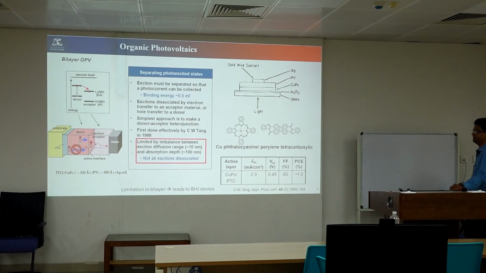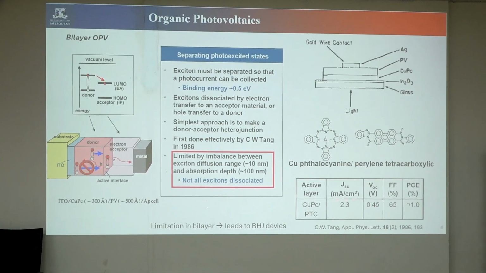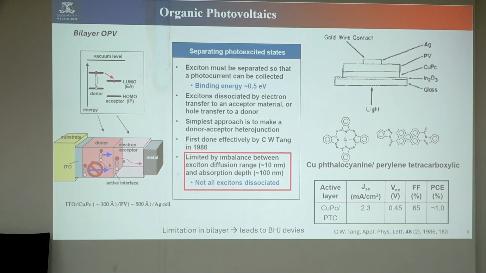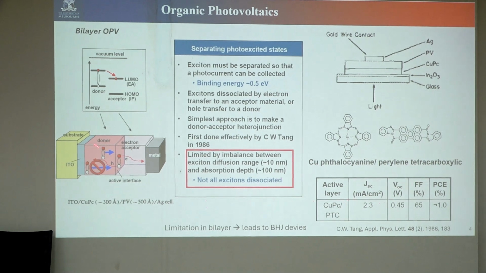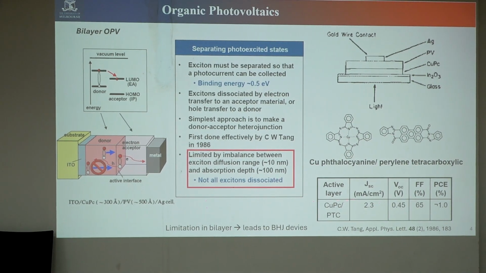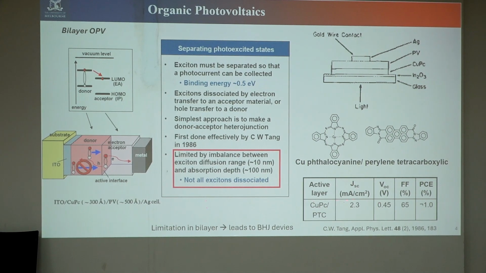And then the basic device. When the device started, it was only the bilayer, same as a silicon cell, with a donor layer and an acceptor layer and only one heterojunction. Since this exciton only diffuses a few nanometers inside the donor phase, we need to make the donor very, very thin.